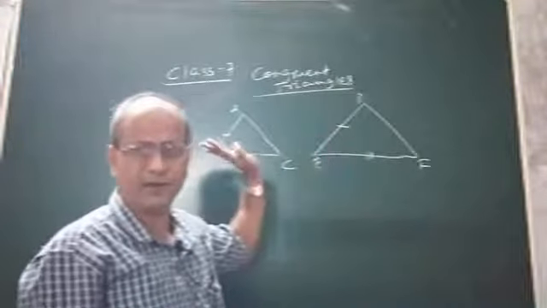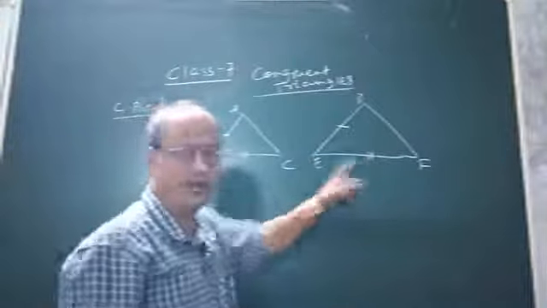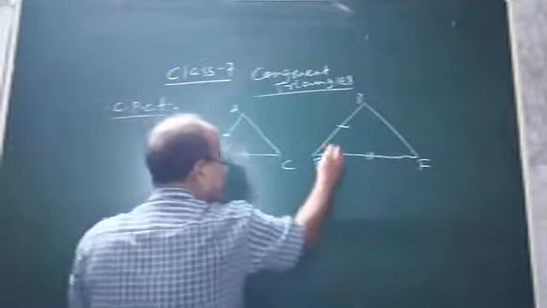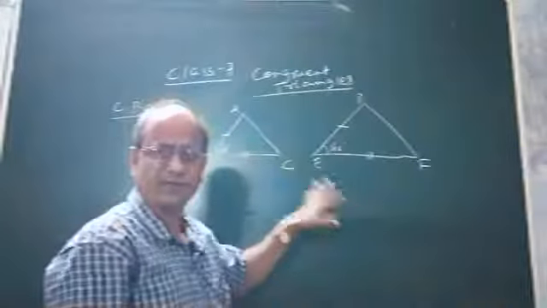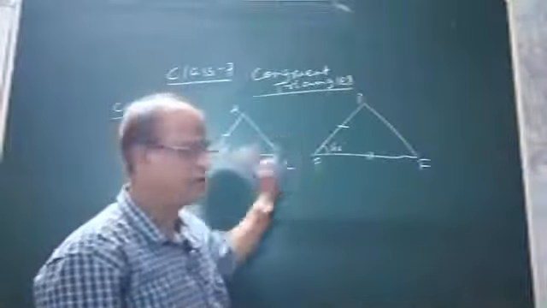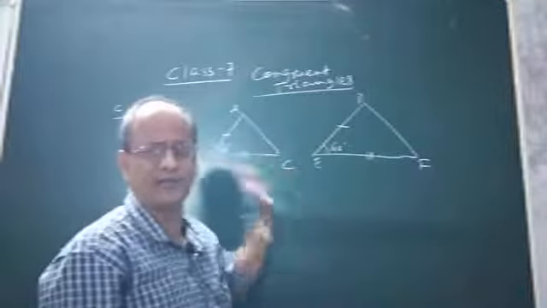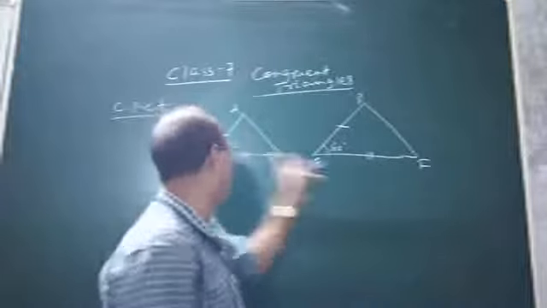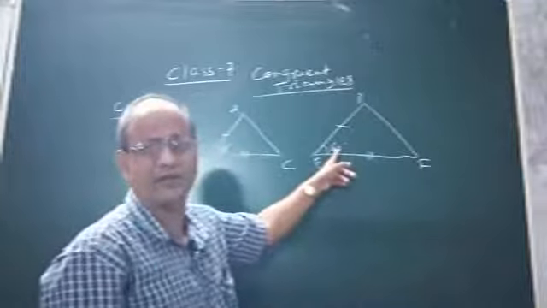Suppose they are given equal. So AB equal to DE, BC equal to EF. Suppose this angle is 60 degrees and this angle is also 60 degrees. Now, as I have already told you in the class, I would like to know which congruence condition is satisfied in this particular question, if AB equals DE, BC equals EF and angle B and angle E are equal, say 60 degrees.